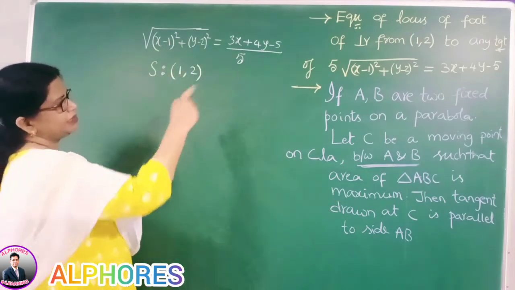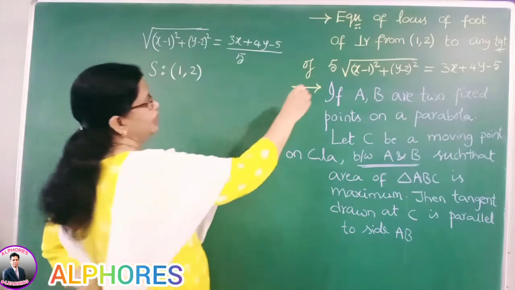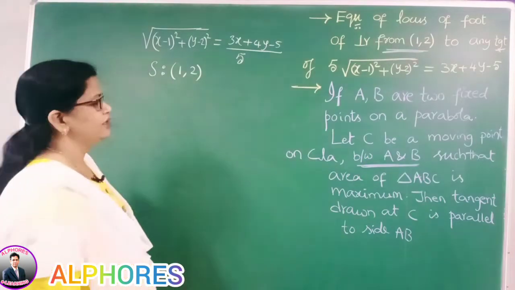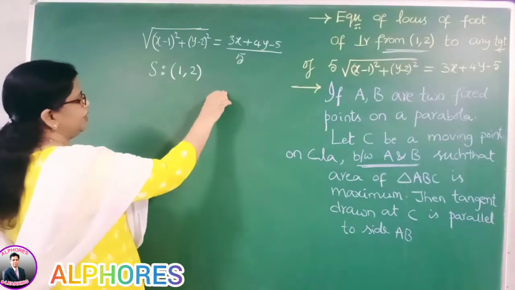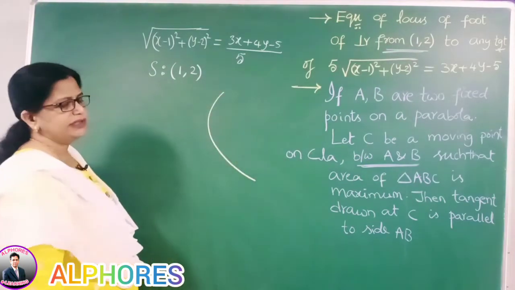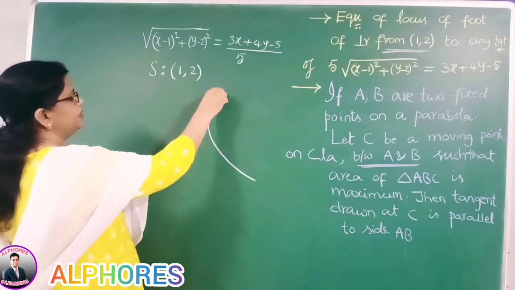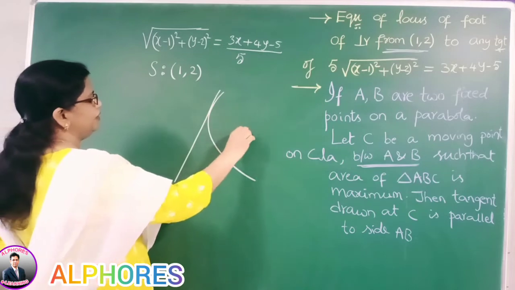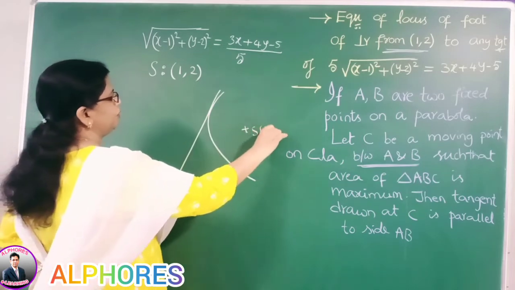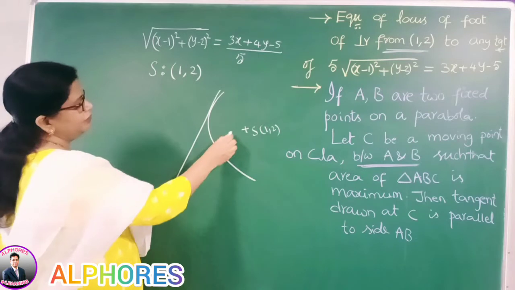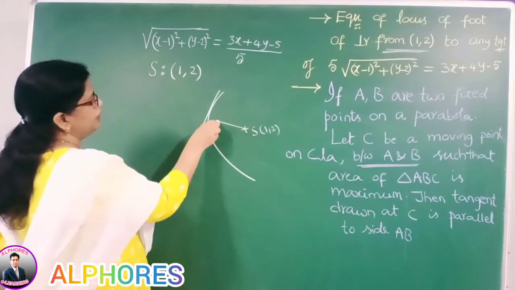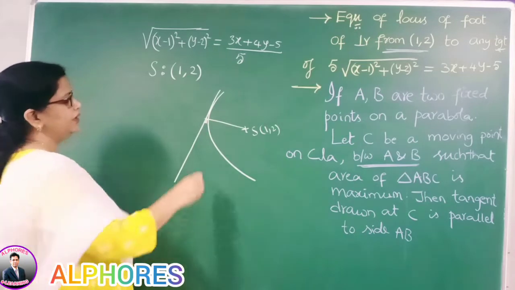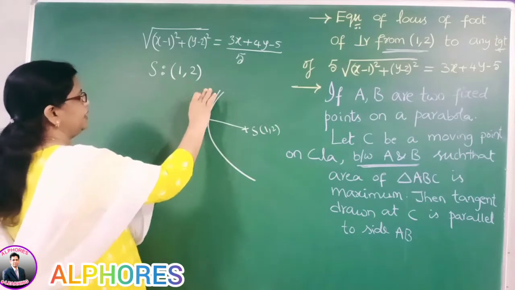Now they are asking about the same kind of point, that is, from the point (1, 2). Suppose we have taken a parabola given, and this is the tangent drawn to that parabola, and if you take from the focus (1, 2) a foot of perpendicular on the tangent, then we know this is exactly on the tangent at the vertex.